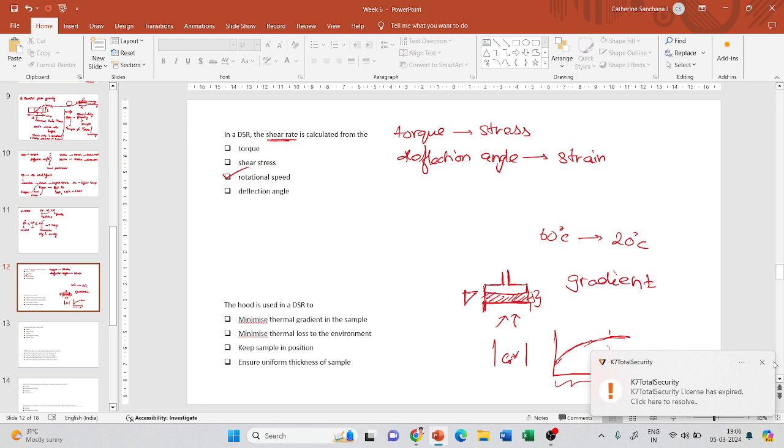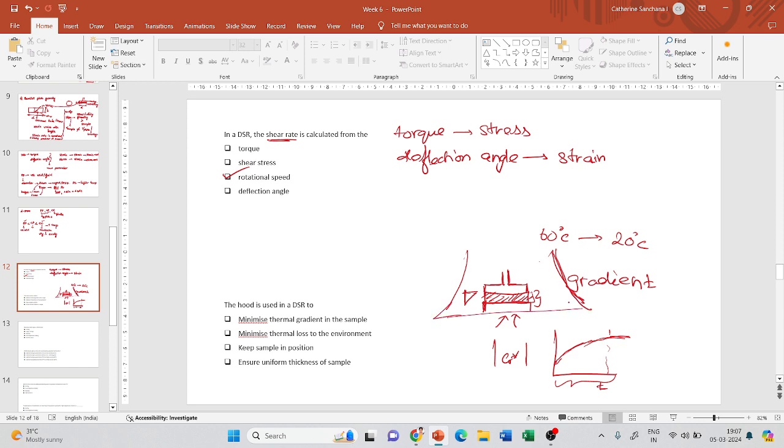Okay, so what does the hood do? When I say hood, it is an enclosure that covers this sample area and prevents heat loss, in general you can say thermal losses to the environment.